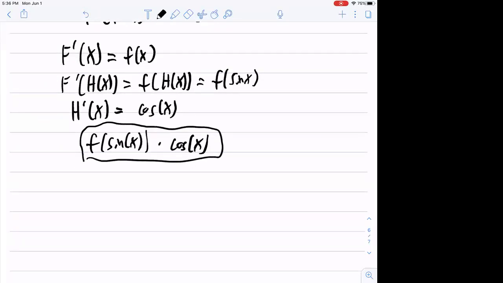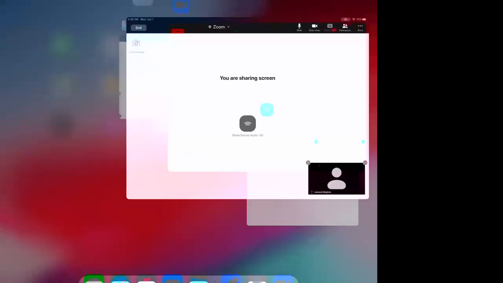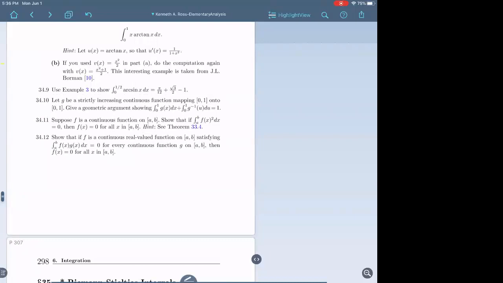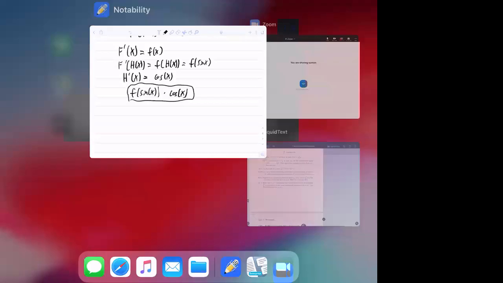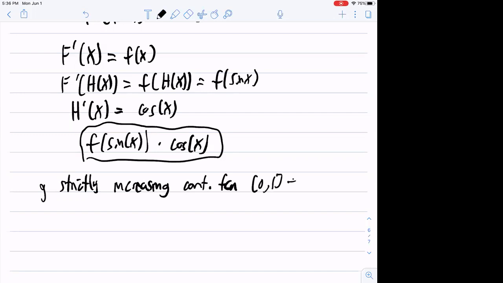Any questions so far? I want to maybe just do one more, and then I'll move on. Let's pick something harder. Let's do 34.10. g is a strictly increasing continuous function from 0, 1 to 0, 1.